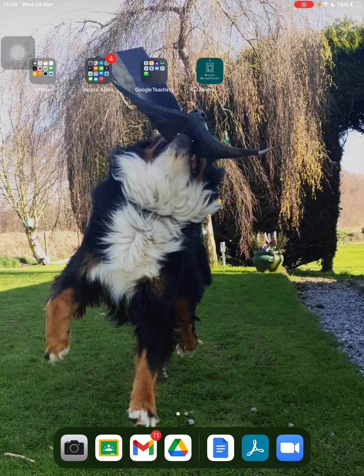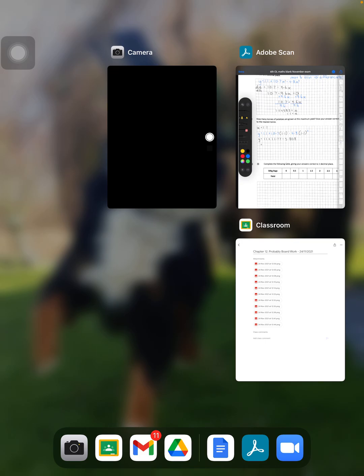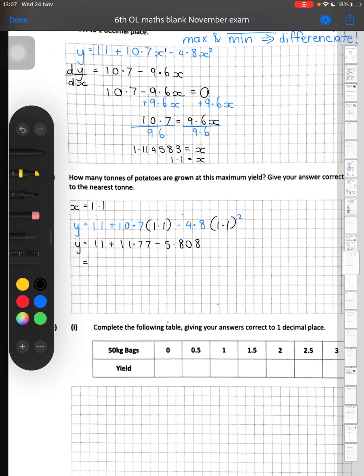So my amount of potatoes that are grown is going to be 16.962. It says to the nearest ton, so it's 17 tons.